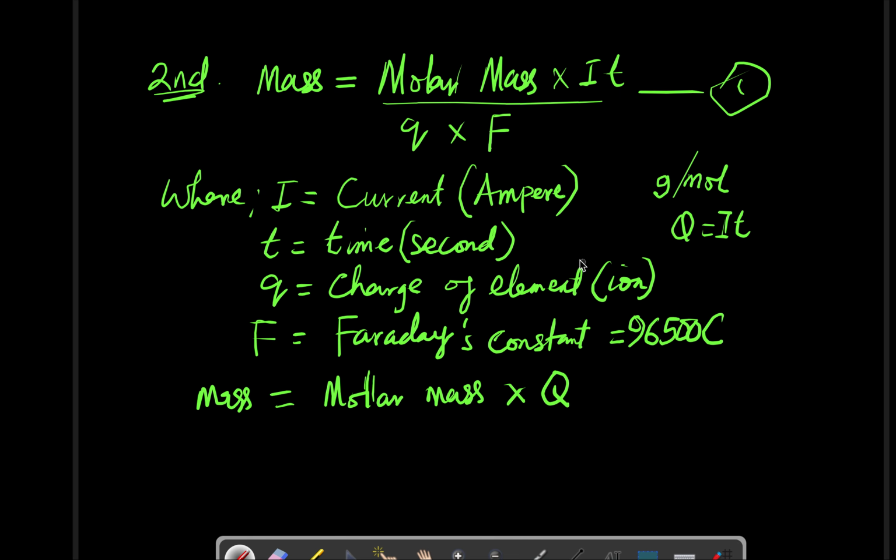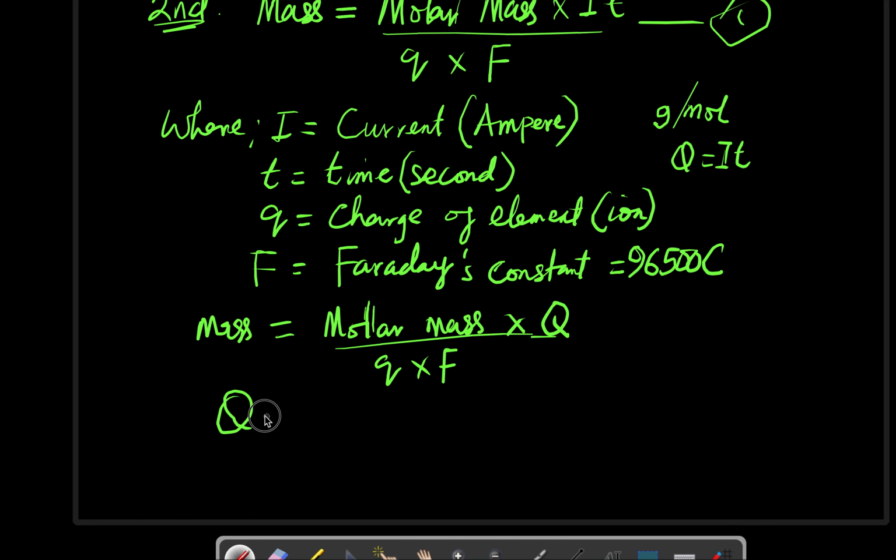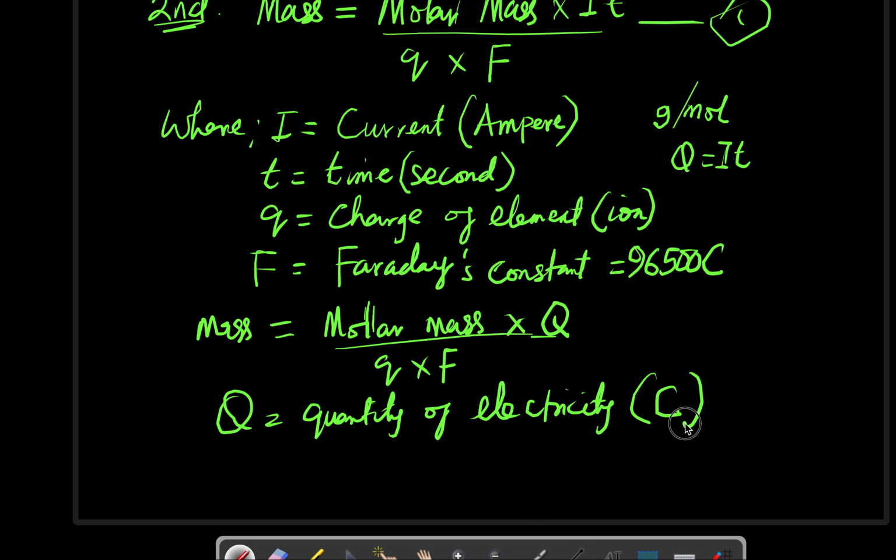So we substitute Q for IT and still divide by Q times F. Every other meaning remains constant, but this particular Q here is not the earlier Q. This Q now is talking about quantity of electricity, and this quantity of electricity is measured in coulomb. Please take note of this. This is very, very important.